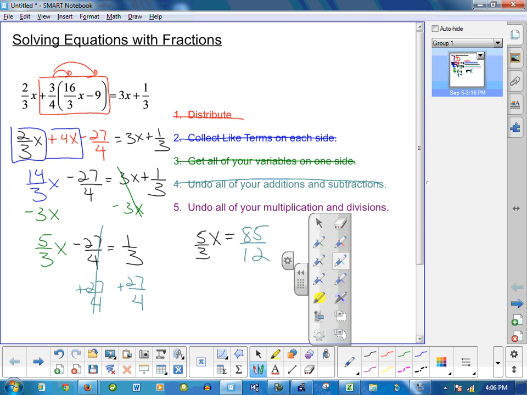So now where it says undo all of your multiplications and divisions, in the higher levels of mathematics, algebra and beyond, we tend to think of work with fractions very specifically when it comes to this step. If you notice, this is multiplied by 5/3, so dividing by 5/3 would make sense. But we don't tend to divide by a fraction.